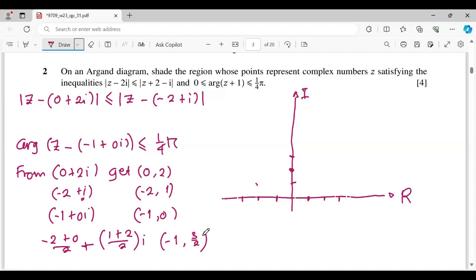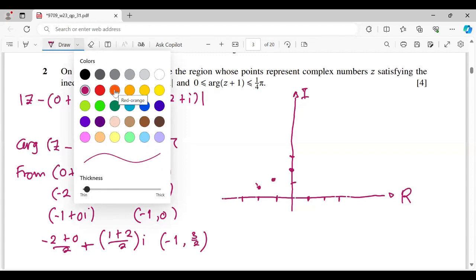After that, minus 1 and 3 over 2 goes here. And then this one, minus 2 and 1, goes here, because I'm going to use a different color.